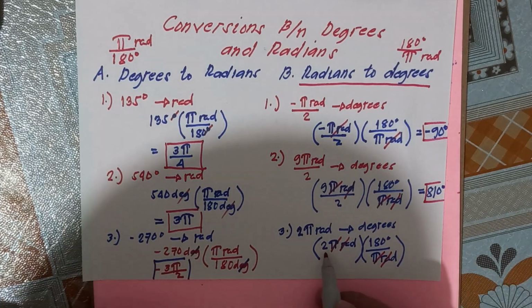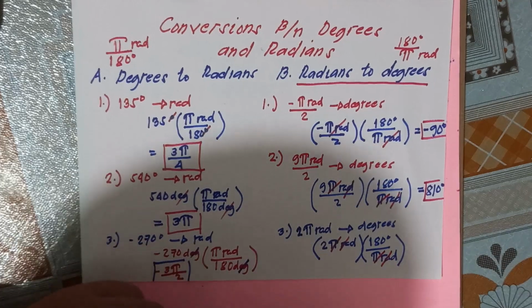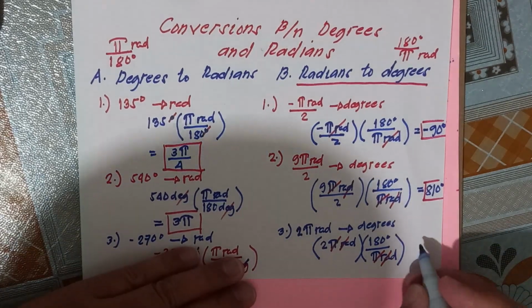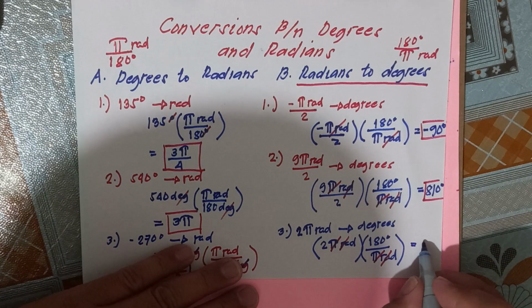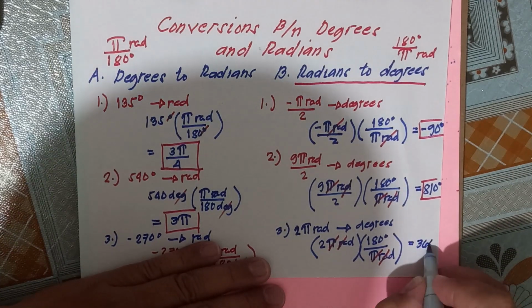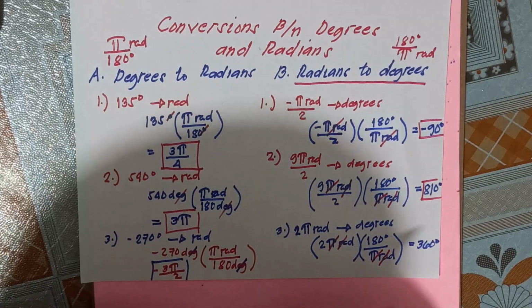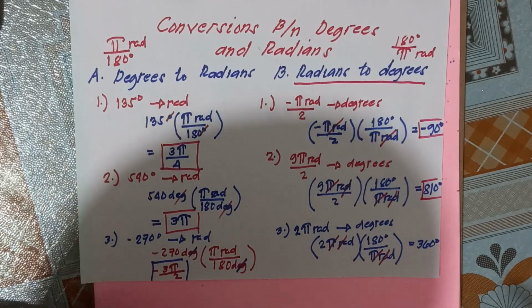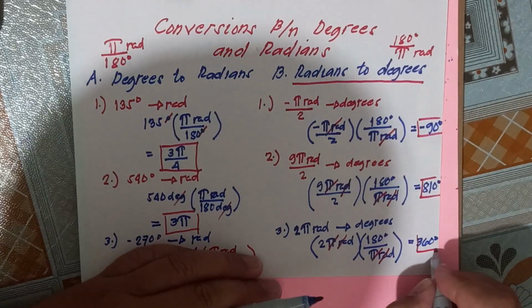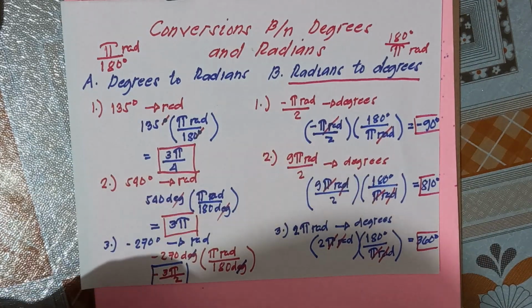What remains now is 2 multiplied by 180. So the final result is 360 degrees. You will notice that this is 1 revolution.